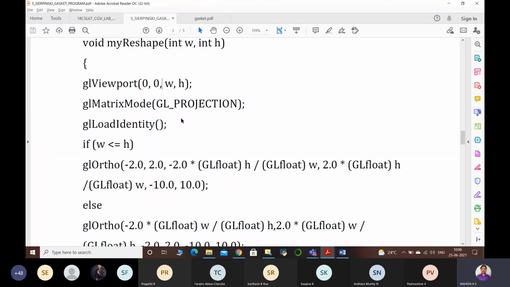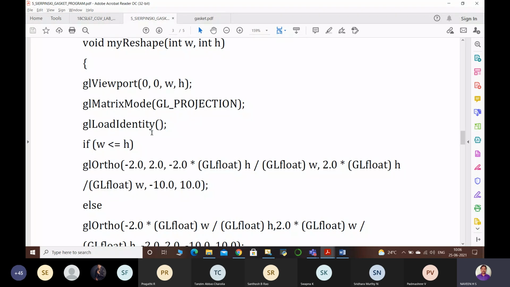It will store the matrix information of the object that is going to be displayed in the viewport. Whatever object I am going to display on the viewport, its matrix values or information it is going to store. That is what glMatrixMode, GL_PROJECTION does.